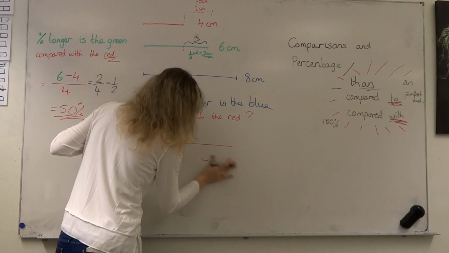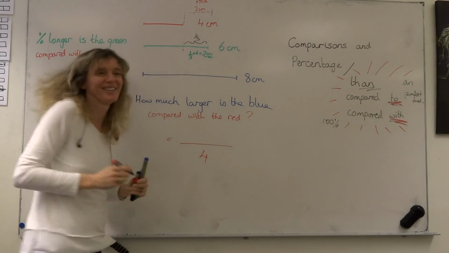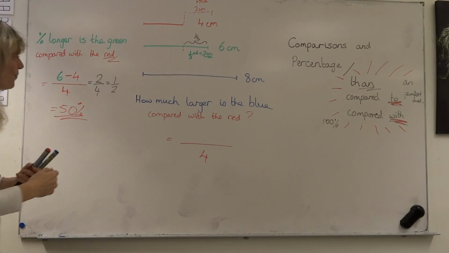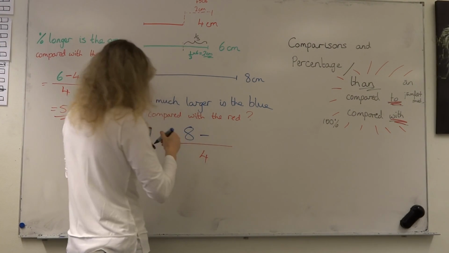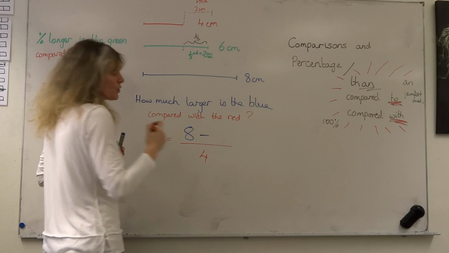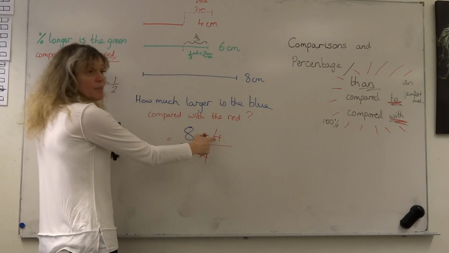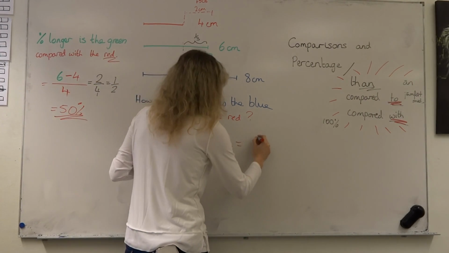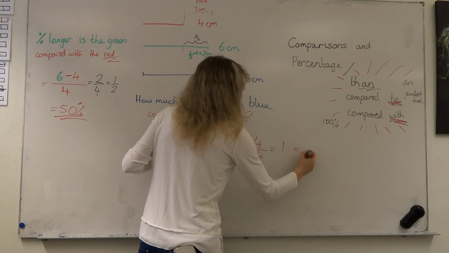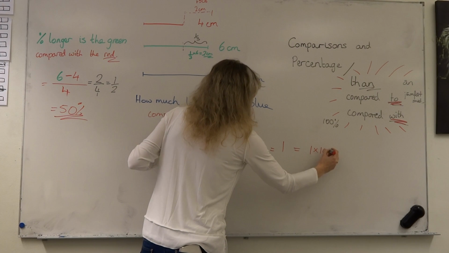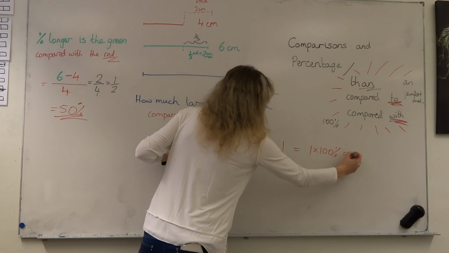The red one is 4. The blue one is 8. So the difference between the two will be 8 minus 4, which is 4, divided by 4, which is 1. Which is the same as 1 times 100%, which is 100%.